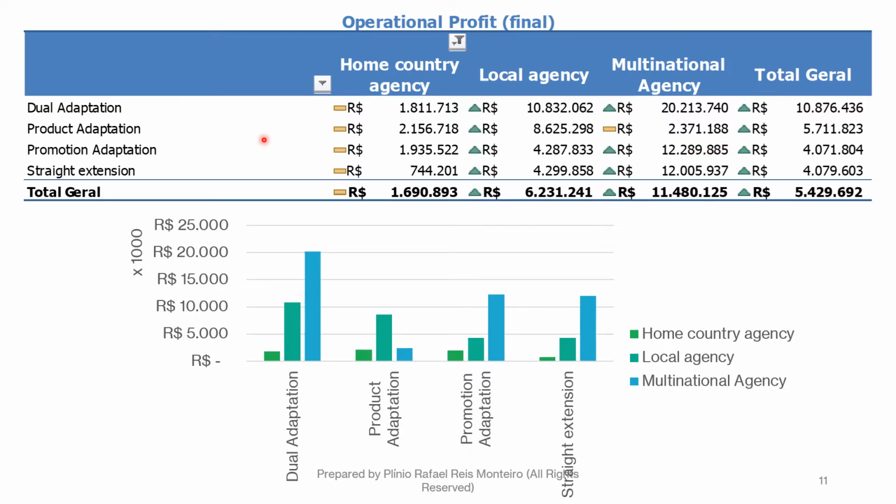But promotion adaptation and strafe extension with the multinational agency also seem to provide a huge profit. Of course this represents an average, and most students that selected multinational are really entering big markets like China, the United States, the United Kingdom, and Germany.